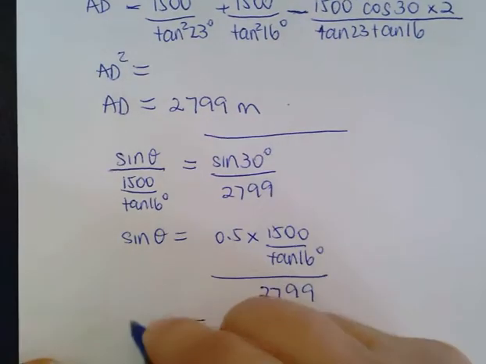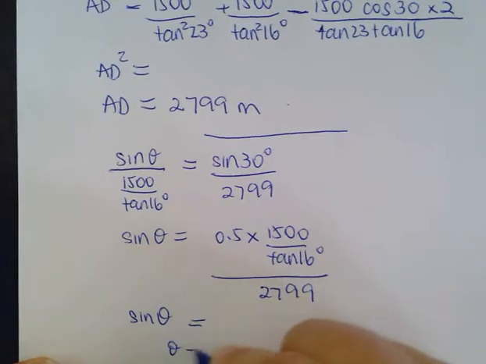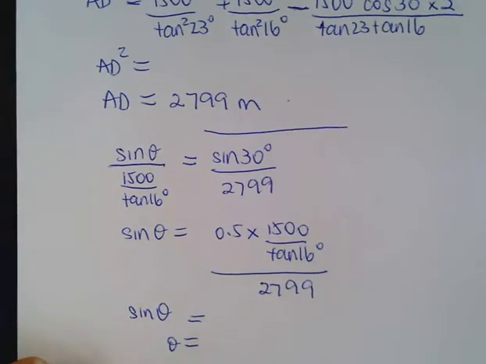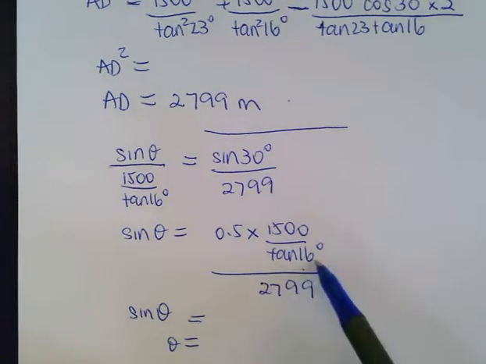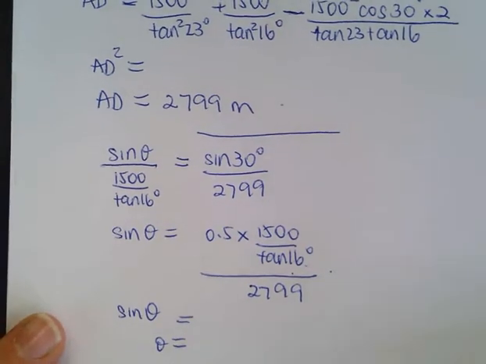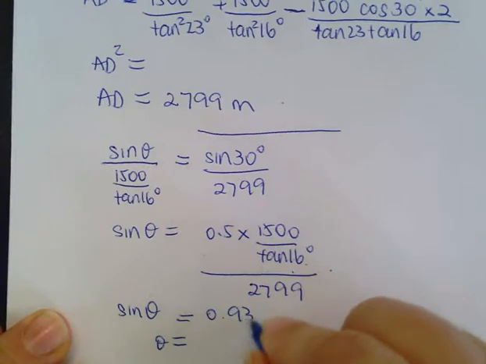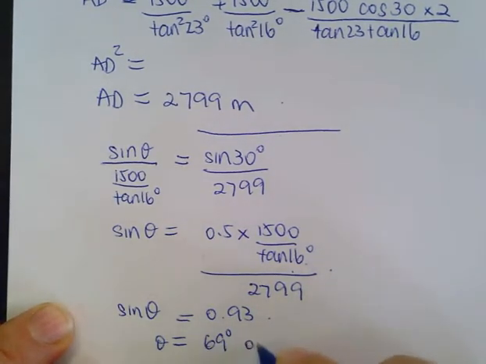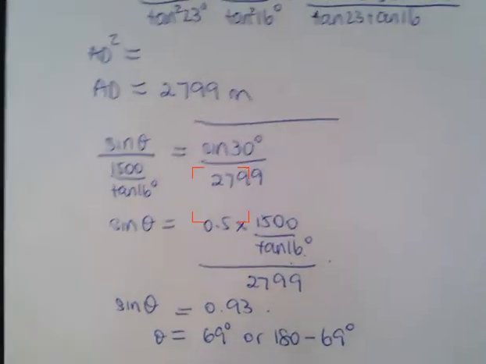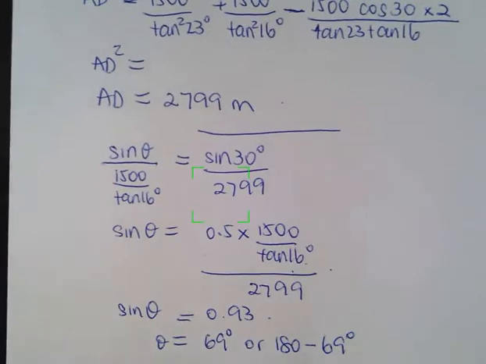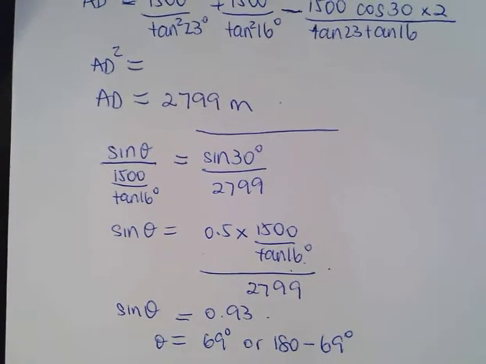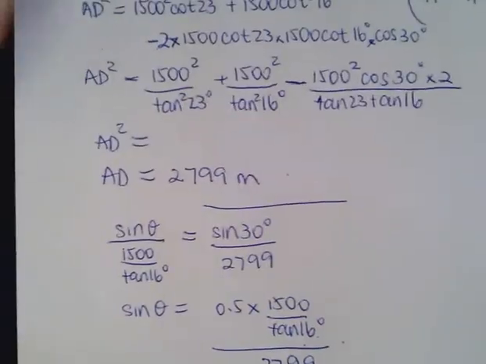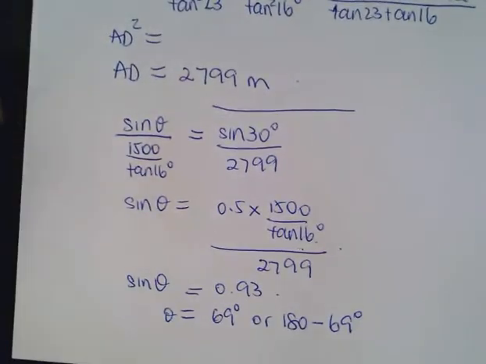And so you can come up with an expression for sine theta and then work out what theta is. So work out what this is, press equals and then divide by 2799. So therefore we've got 69 degrees or 180 minus 69 degrees, because just by looking at the diagram, it does look like it's going to be an obtuse angle, so we can't rule that out yet.